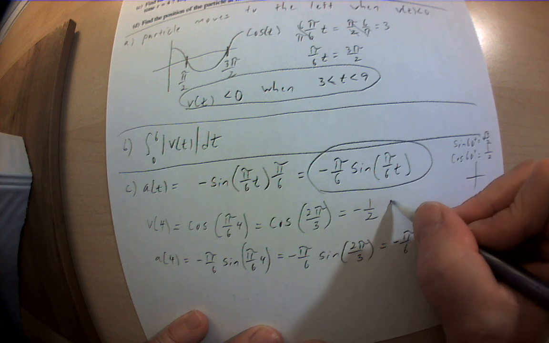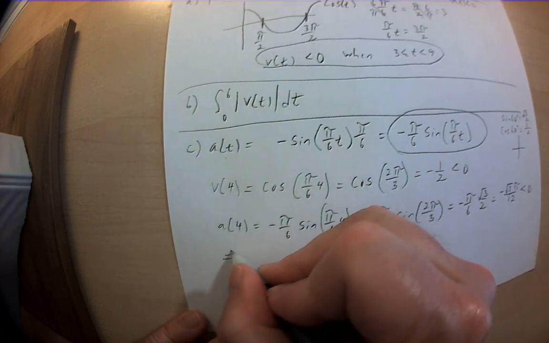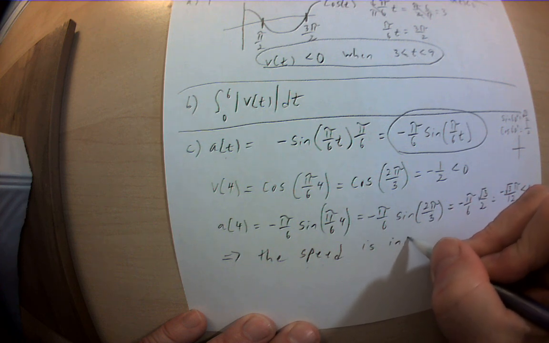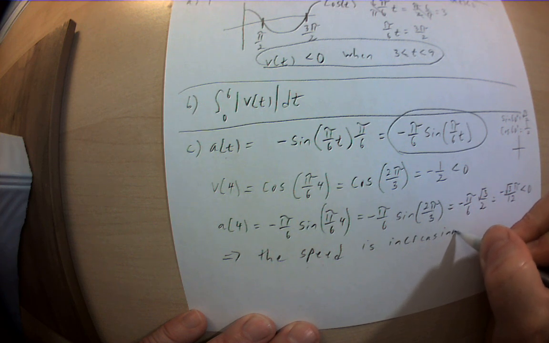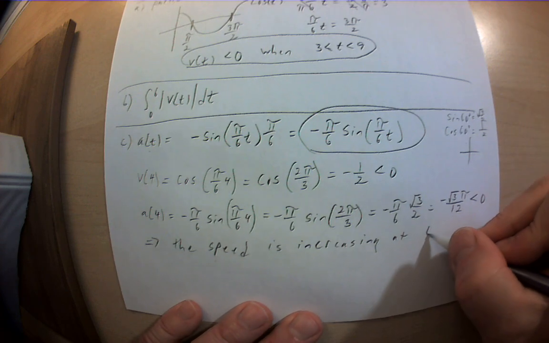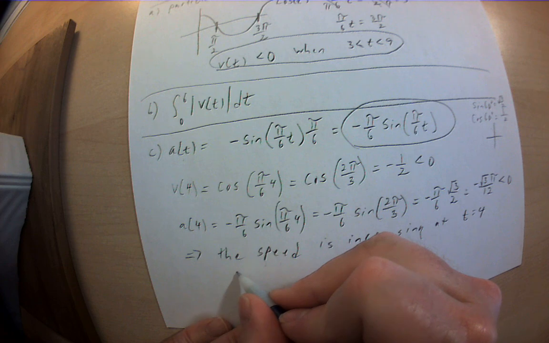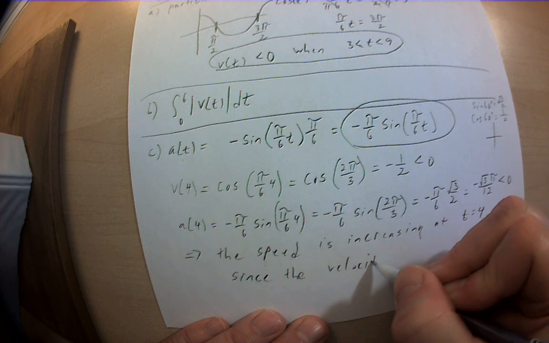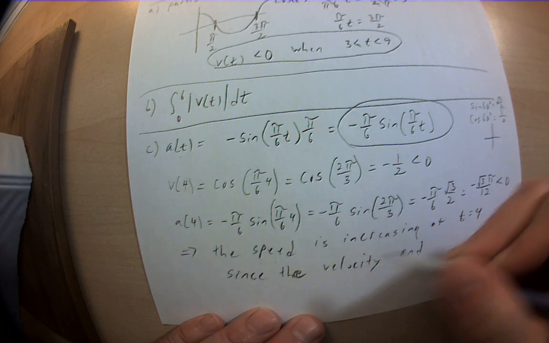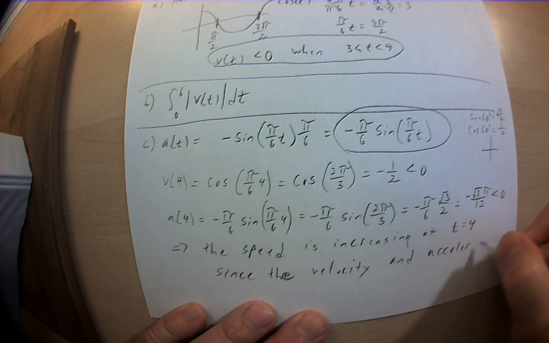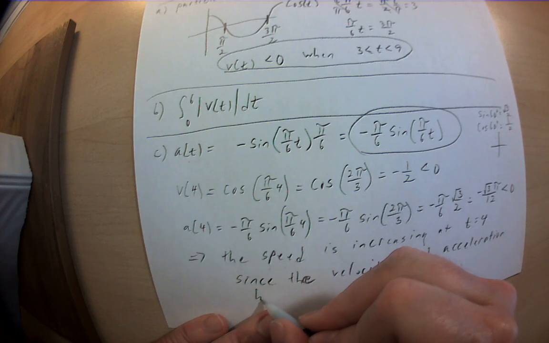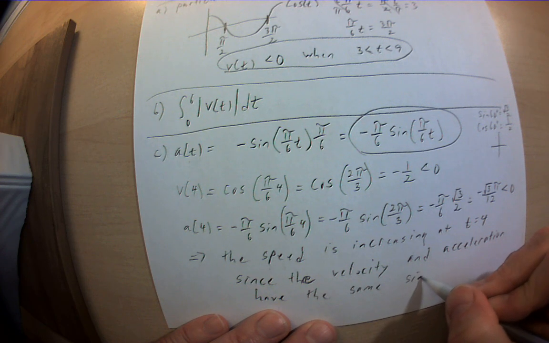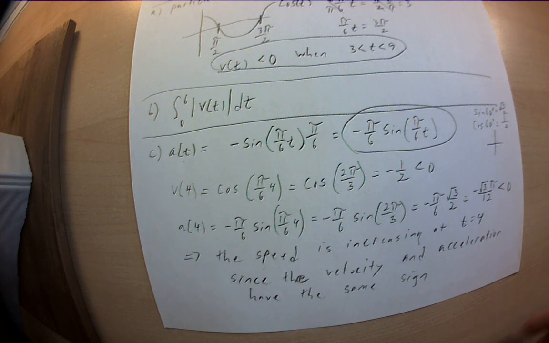So that's less than 0, and that's less than 0. So therefore, the speed is increasing at t equals 4, since the velocity and acceleration have the same sign. Okay, so that's C.